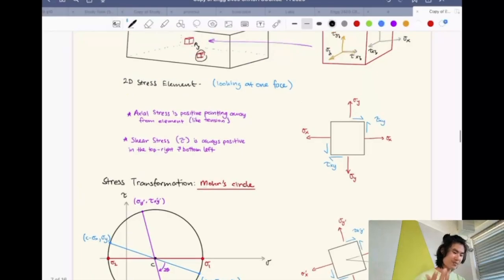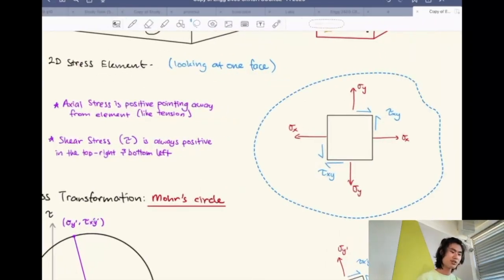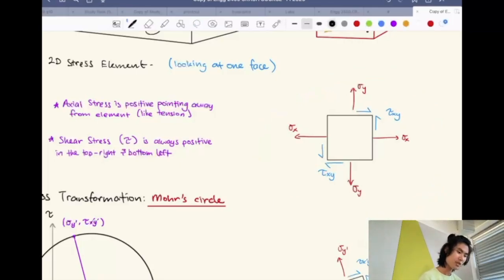So this is kind of generally what we are looking at. This is the 2D stress element, and this is how it's portrayed. So you can have an axial Y stress and an axial X stress. Those are the ones that are going to be pulling or pushing against, and then your shear stresses are the ones that go across the face.